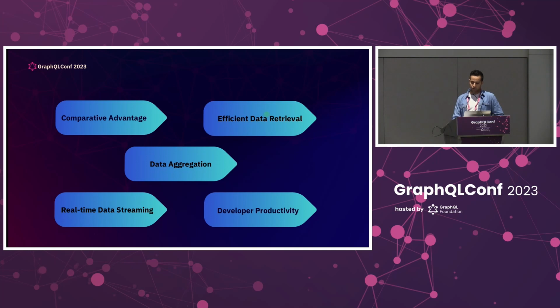Efficient data retrieval. This not only helps with underfetching or overfetching, solving some problems with REST APIs, it also helps you focus only on the thing that you excel at. And it also helps with the accuracy of the models. If you feed your models well-structured data, you definitely will have a higher accuracy.